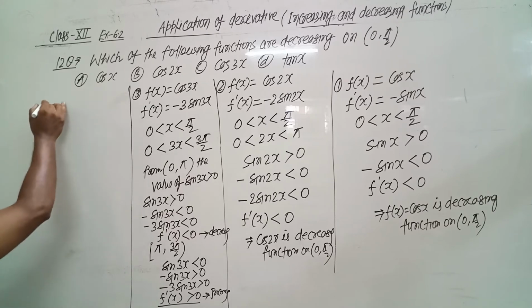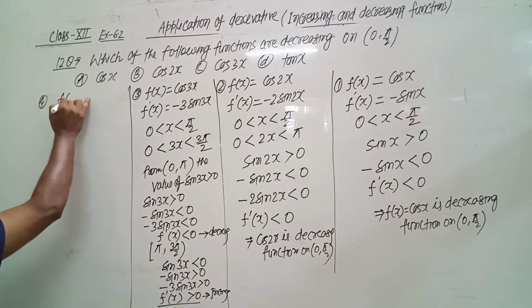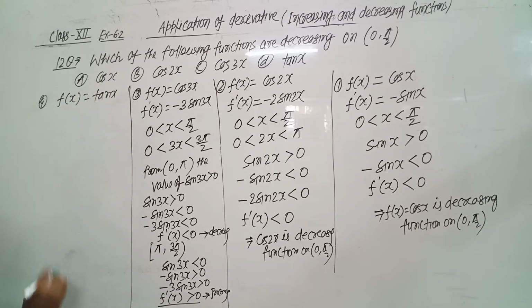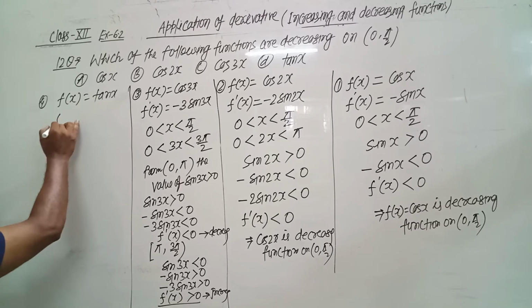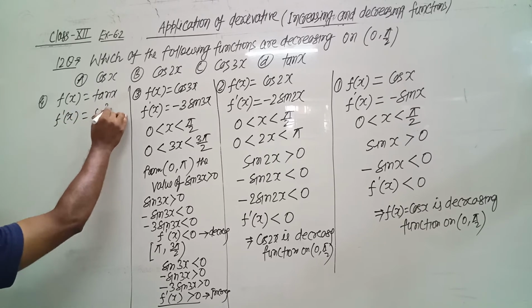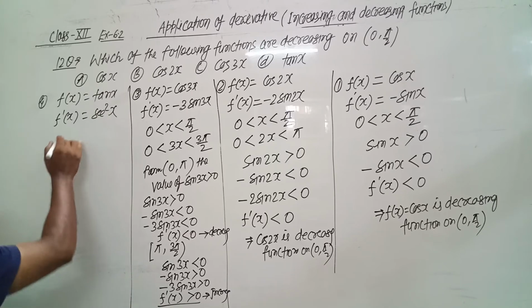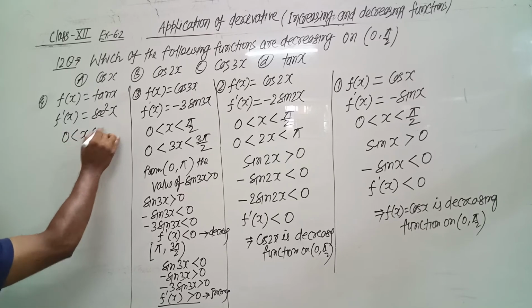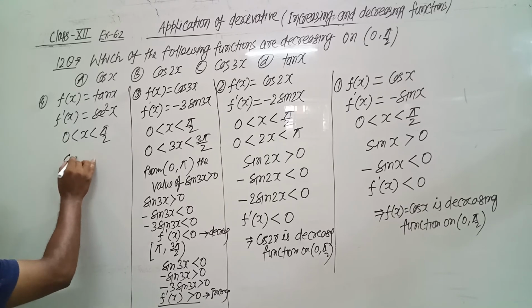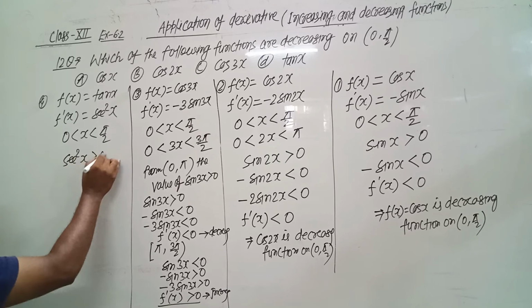And the fourth part, f x equals tan x, and differentiation of tan x, f dash x equals sec square x, and 0 is less than x is less than pi by 2, and in the first quadrant the value of sec square x is greater than 0.